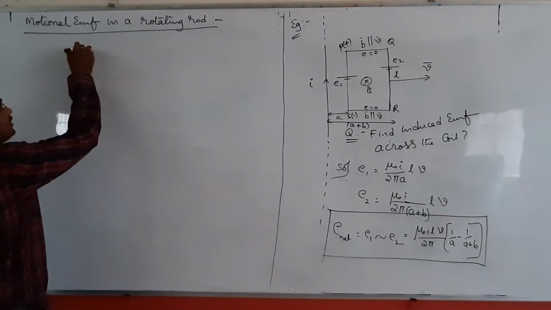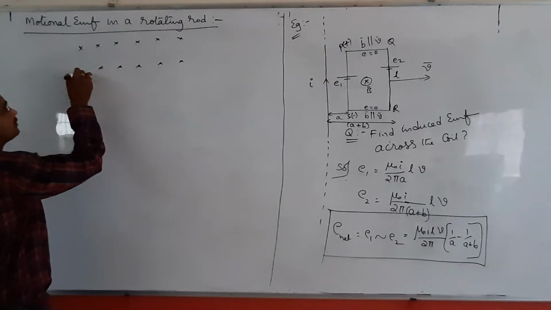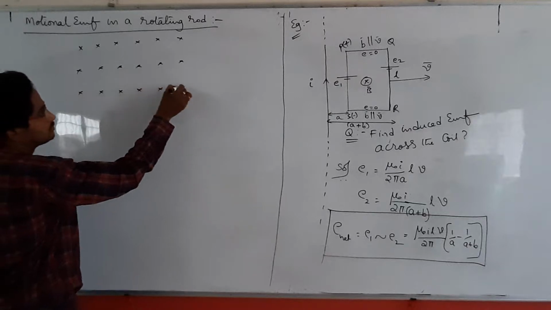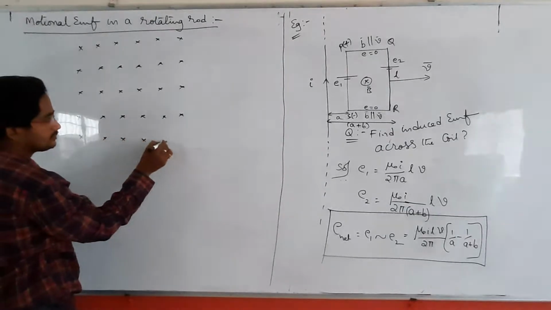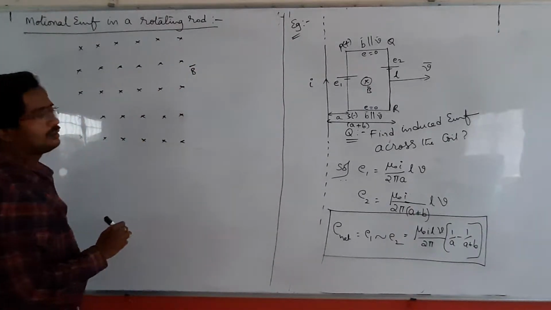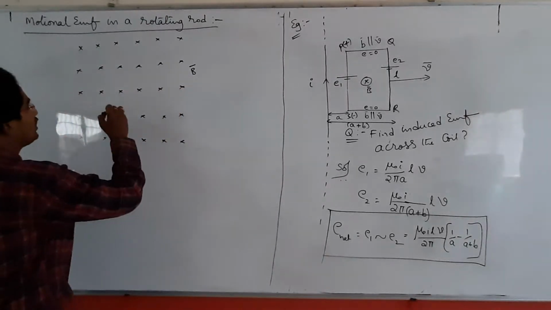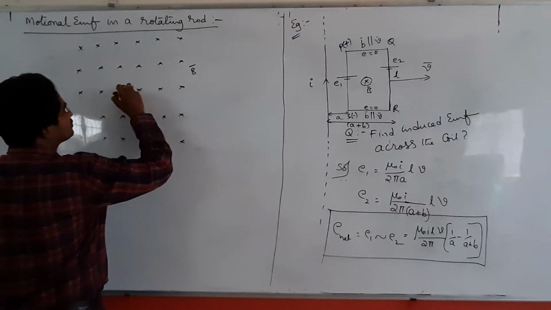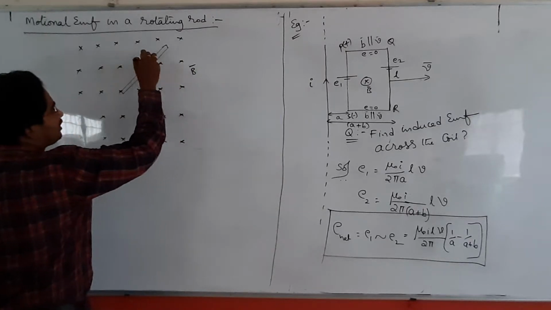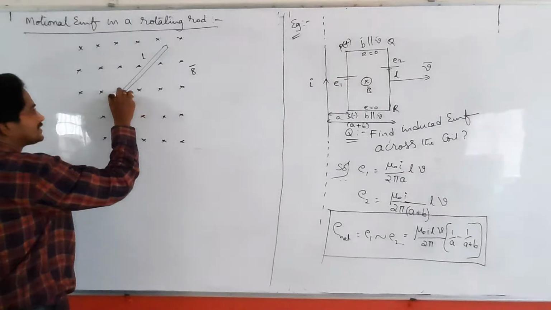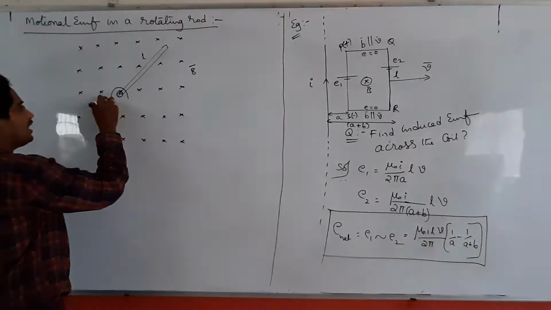See, consider a uniform magnetic field. It is a uniform magnetic field of induction B. In that field, I am placing a rod of length L, which is rotating about this axis in anti-clockwise direction with angular velocity omega.